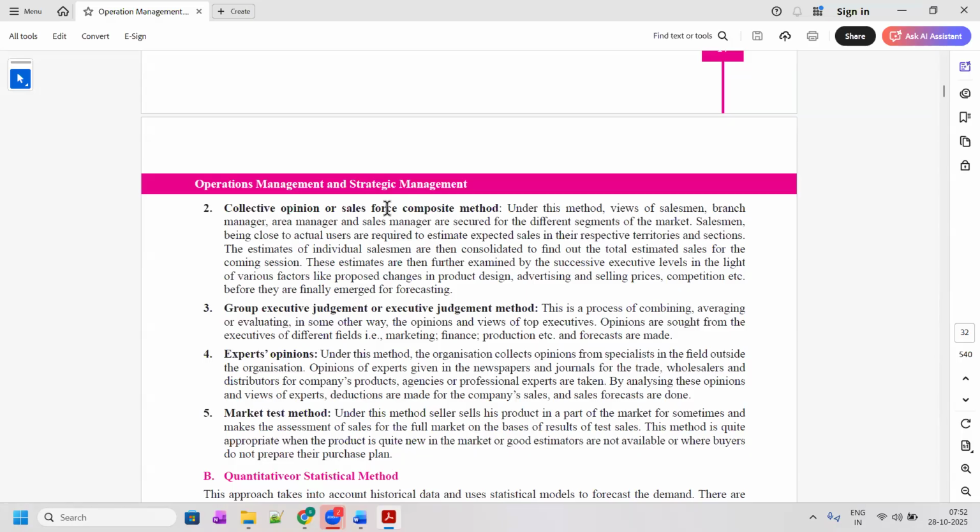And then they can analyze or compare that with the past data about what has happened in the past, so that they can plan how actually these figures are achievable. And then considering them, do they really come up with some kind of innovations in the product design or price change or advertising or competition before they can finalize the forecast.